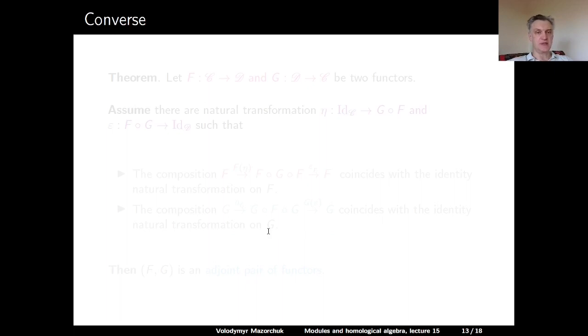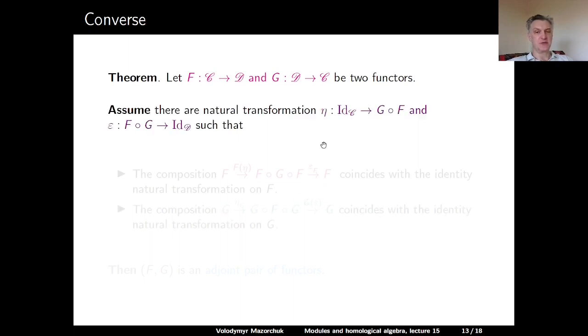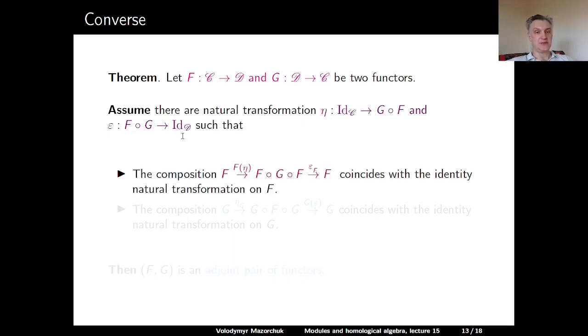And the most interesting thing about the adjunction is that the adjunction identities really determine the adjunction in the following sense. Theorem: let F be a functor from C to D and G a functor from D to C. Assume that there are natural transformations eta from the identity on C to G after F and epsilon from F after G to the identity on D, which satisfy our adjunction identities.